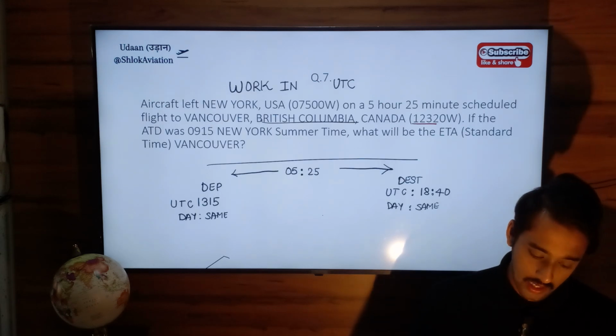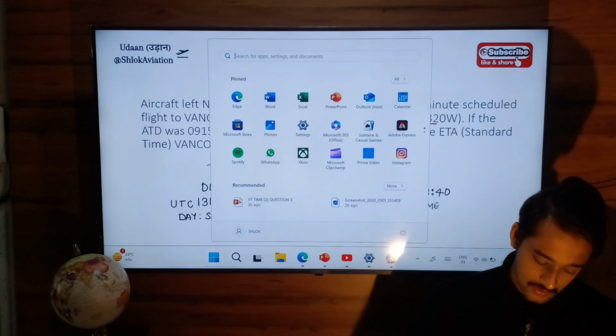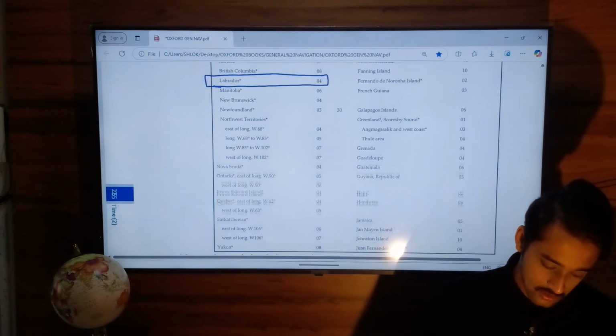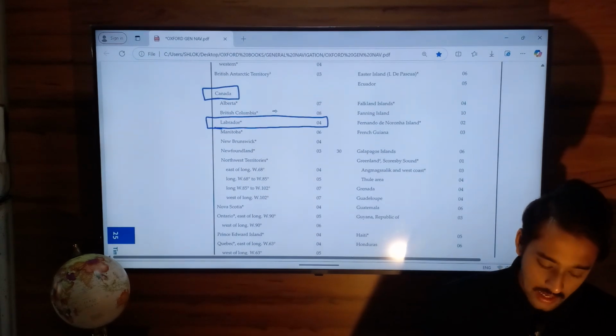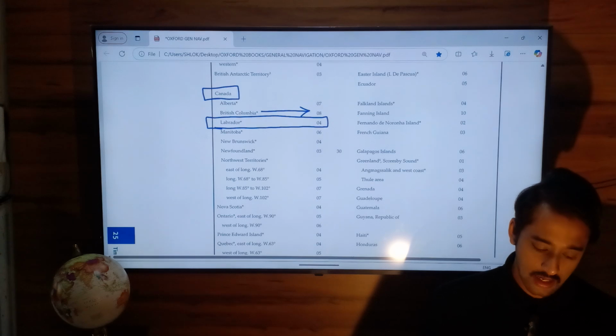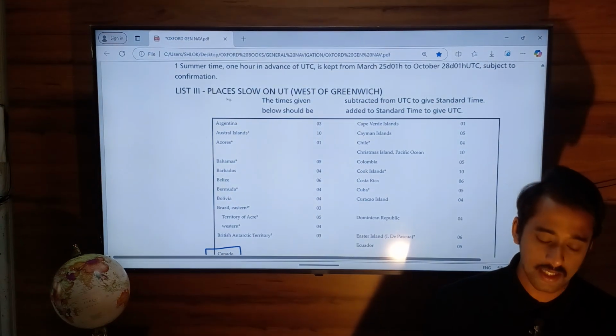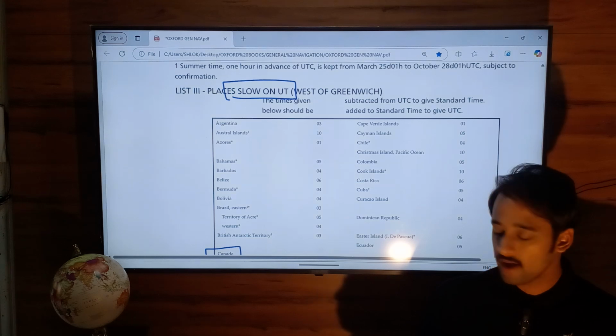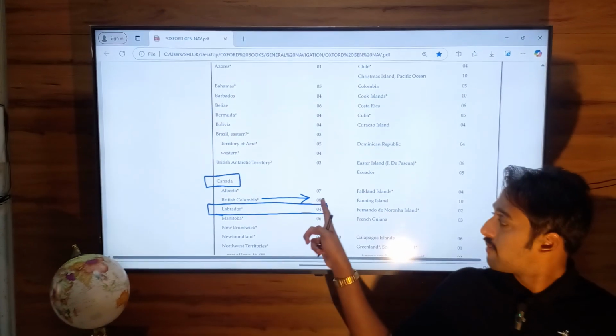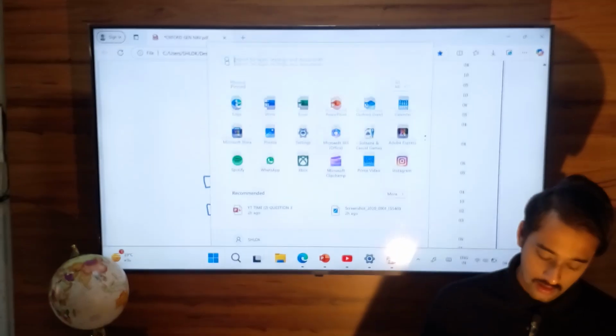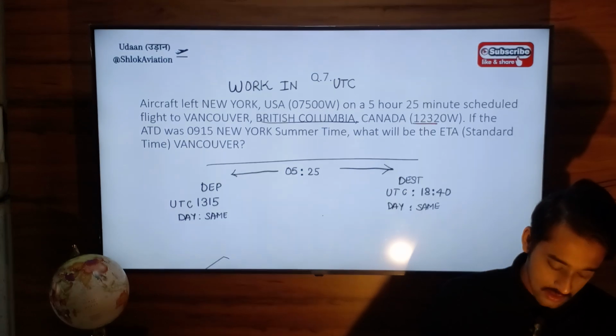Vancouver, British Columbia. So British Columbia is 8 hours slow on UTC, that is behind UTC value. 8 hours behind UTC.